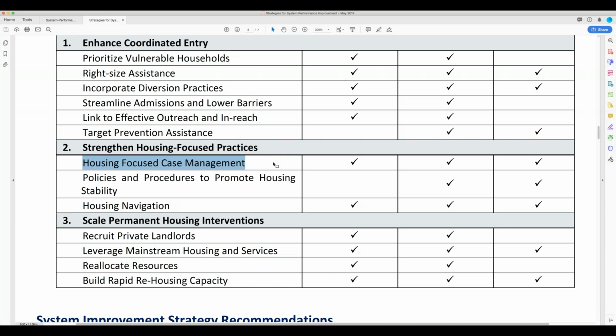HUD's perspective, at least at this juncture with housing first being a focus, is that the most important thing right now, if I'm talking to you in emergency shelter or transitional housing or safe haven, is that I get you unhomeless.